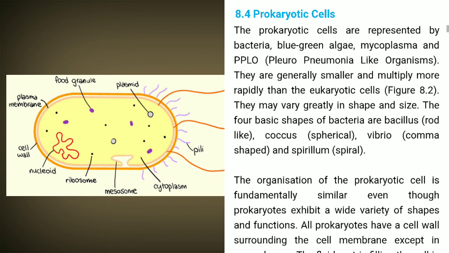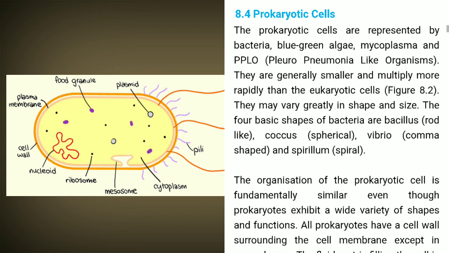Here, if we discuss the structure of a prokaryotic cell, at first comes the size and shape. They are generally smaller, but they multiply more rapidly than the eukaryotic cells.